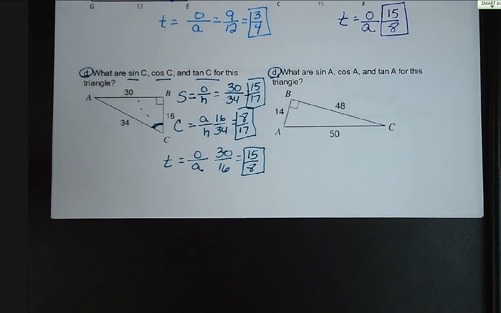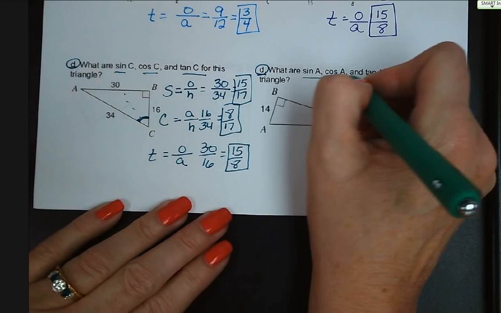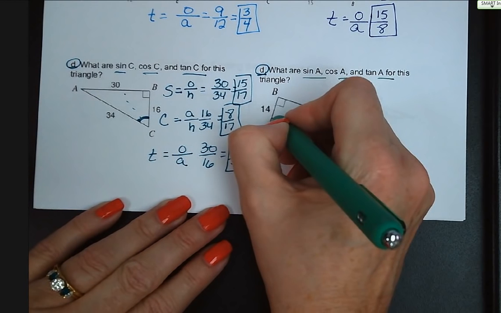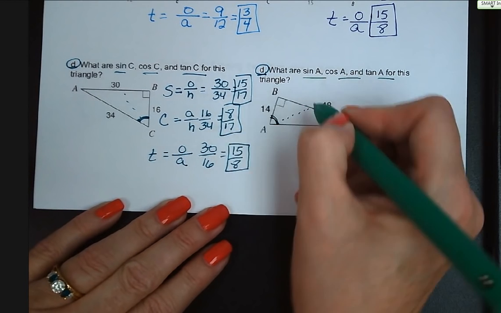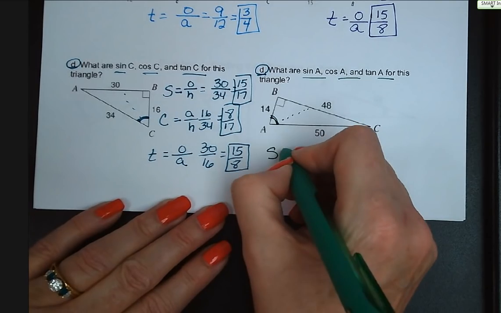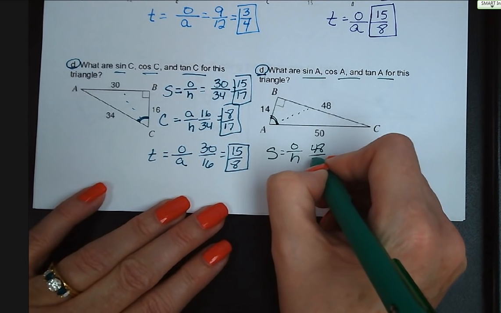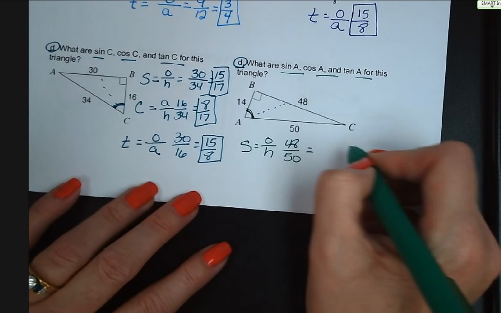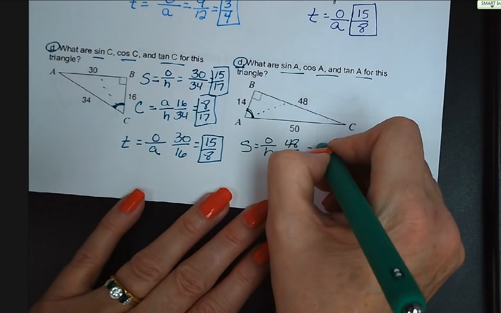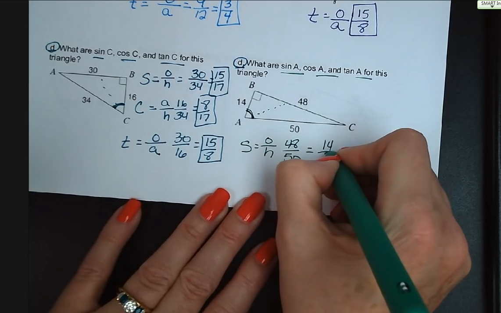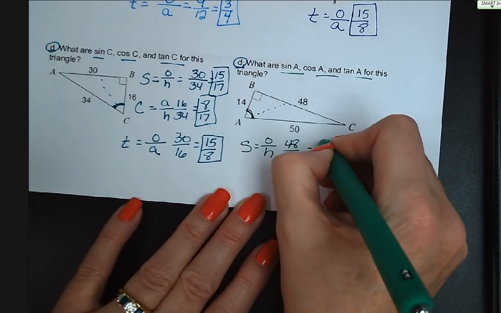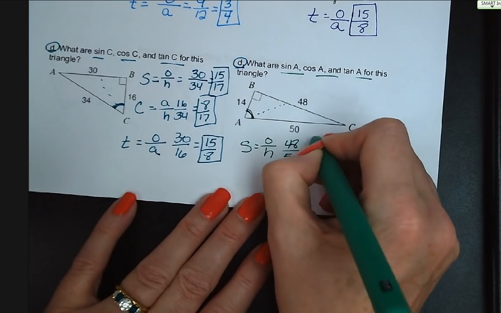Letter D. Sine, cosine, and tangent of angle A in the triangle. So sine is opposite, 48 over 50, which reduces to 24/25.